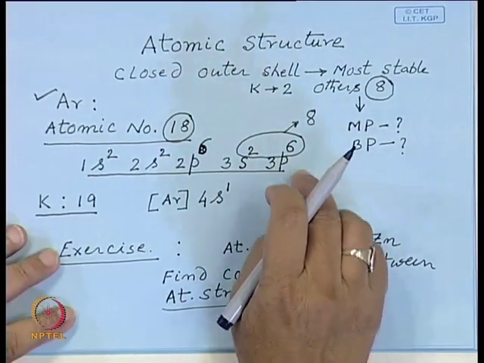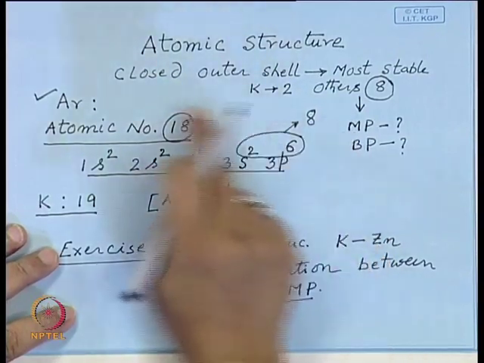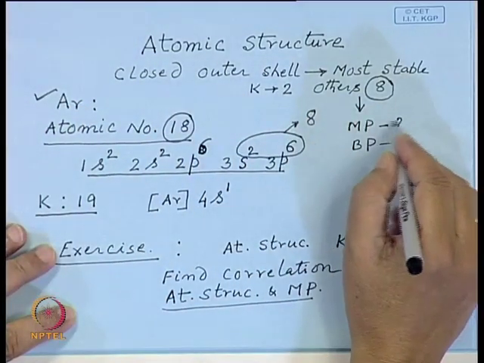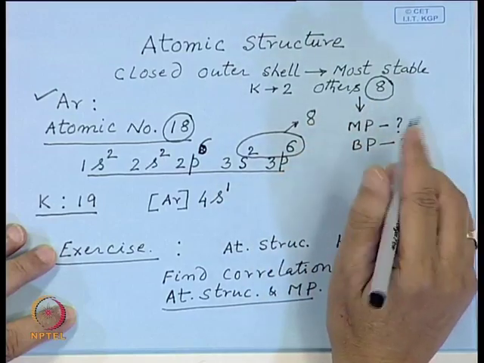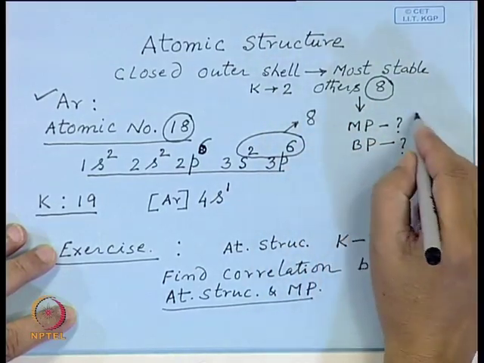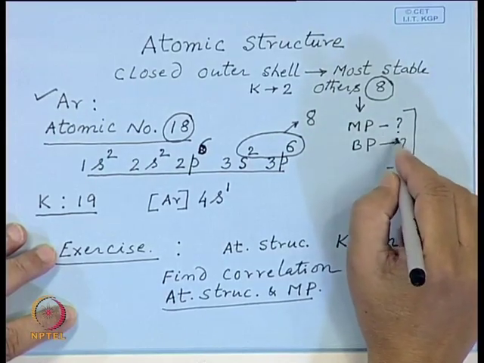So, this has a stable outer cell. So, likewise with argon, all the inert gases have stable or octet structure in the outer cell, and they have very low melting and boiling point.